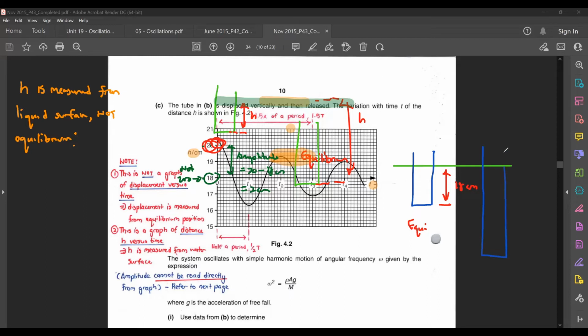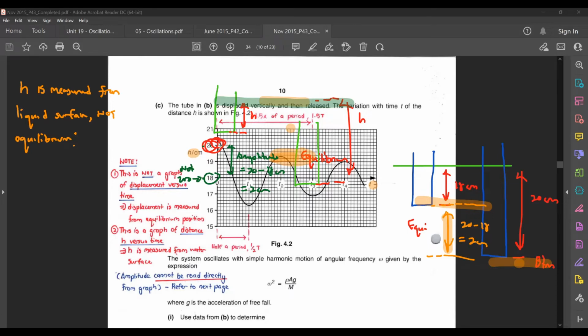That one would mean something like this. So this one is 20 centimeter. This one could be thought of as basically your bottom position. To measure your amplitude, you're really interested in this one only. This one is supposed to be your amplitude. It's the distance between your bottom and equilibrium position. So to get this distance, it's just basically 20 minus 18, giving you 2 centimeter. That's how you would actually interpret this.